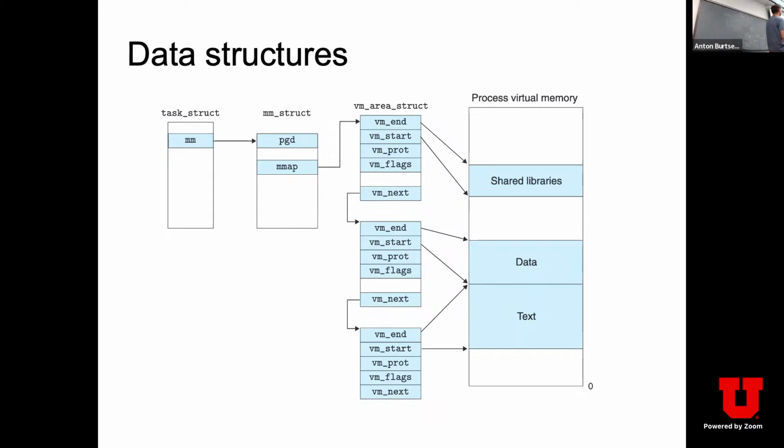We do that with a linked list or a red-black tree. If you have an address, we can figure out exactly which virtual memory area it belongs to, with a red-black tree. This way we can do demand allocation, or open, write, and stuff like that. And we figured out how to do the reverse mapping by essentially saying, I have a page, give me all the page table entries which map this page.